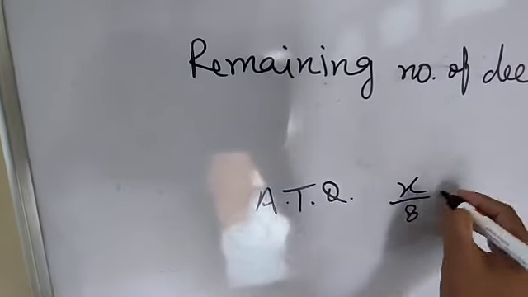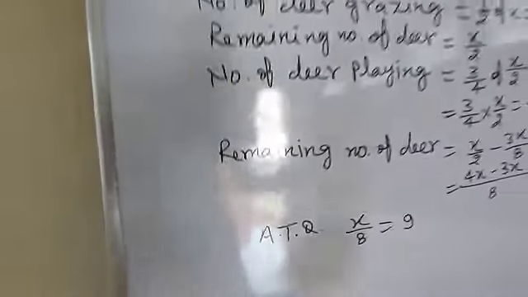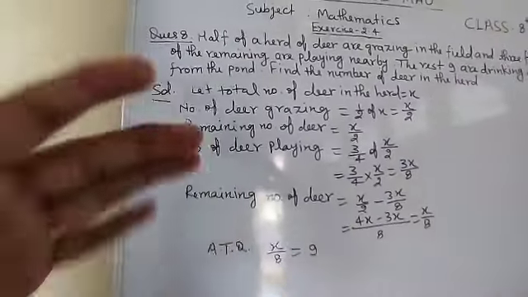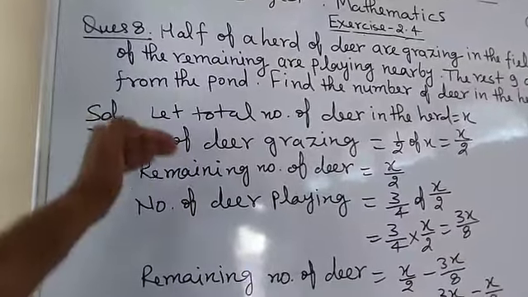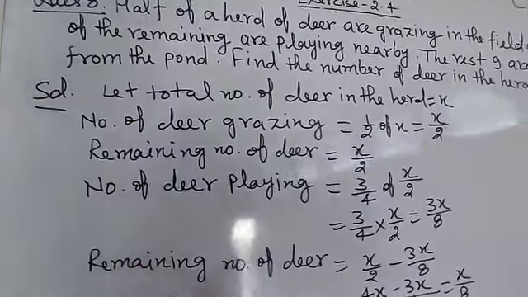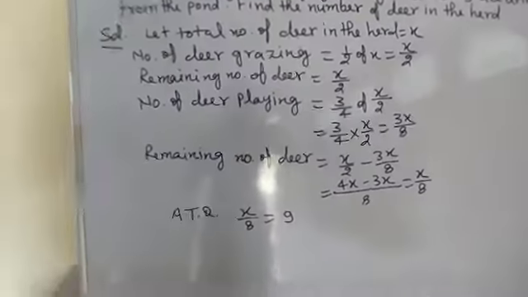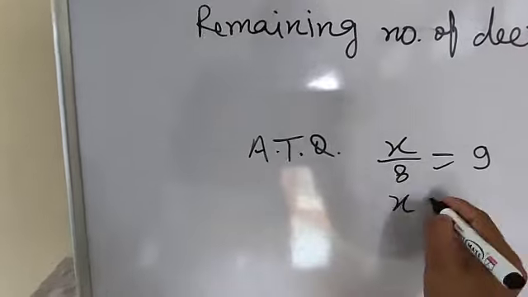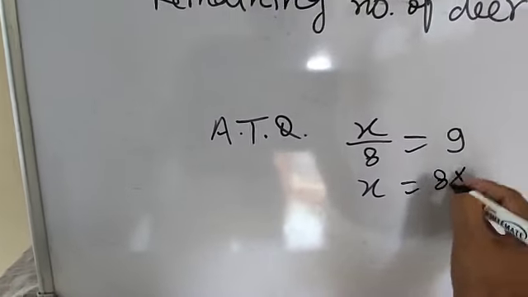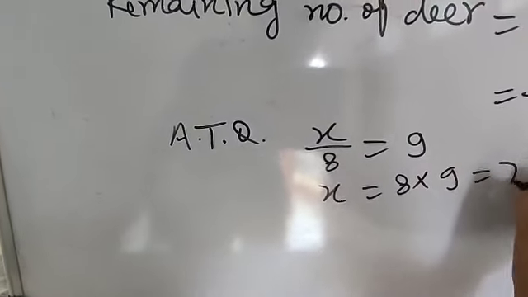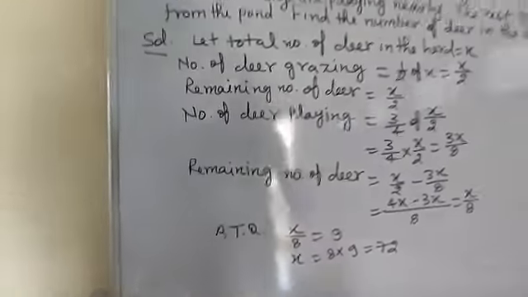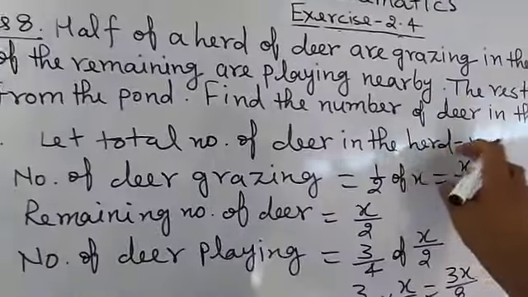So according to the question, x by 8 equals 9, the remaining are drinking water. In your condition, if you take the variable and find the remaining as x by 8, it means x by 8 should be equal to 9. Then x equals 8 into 9, which is 72. So the x value is 72, and this is the total number of deer in the herd.